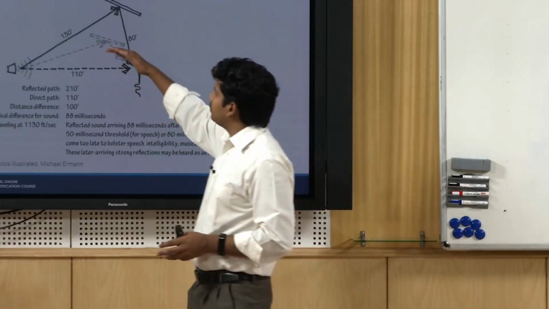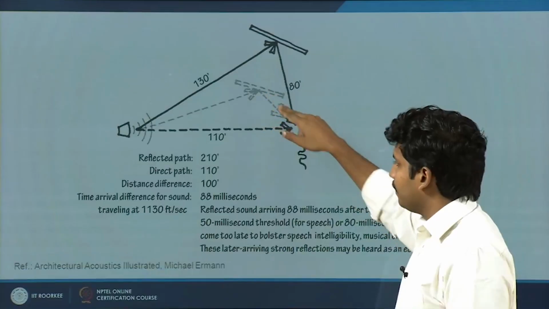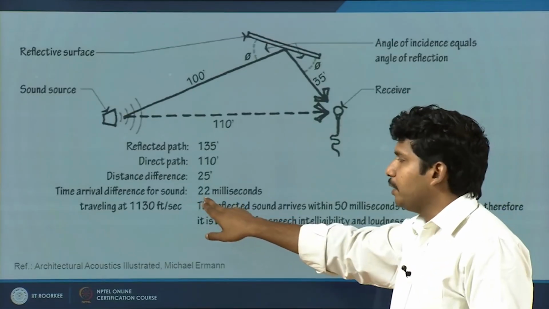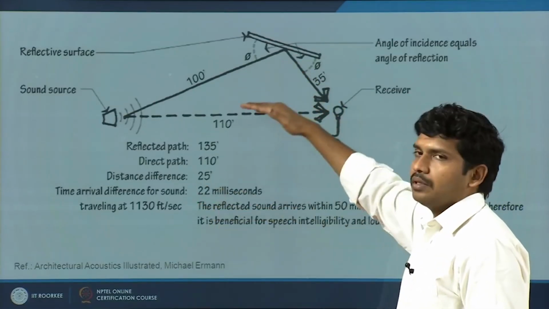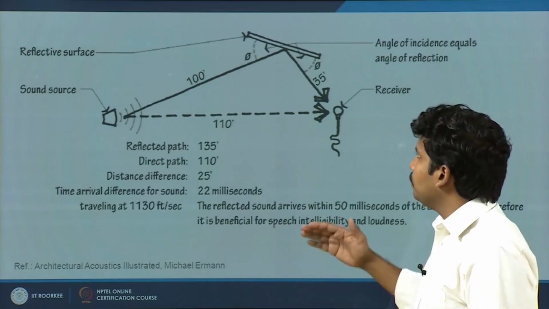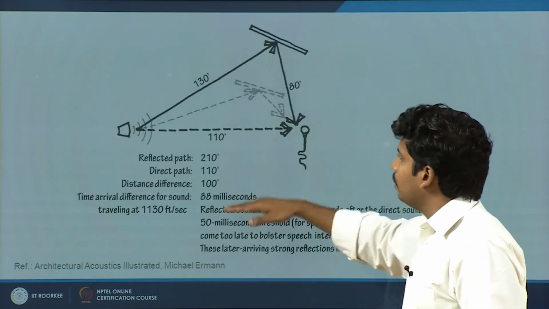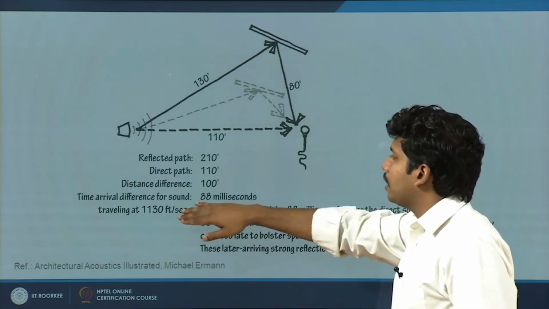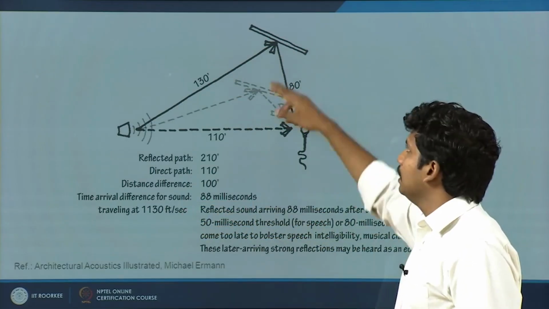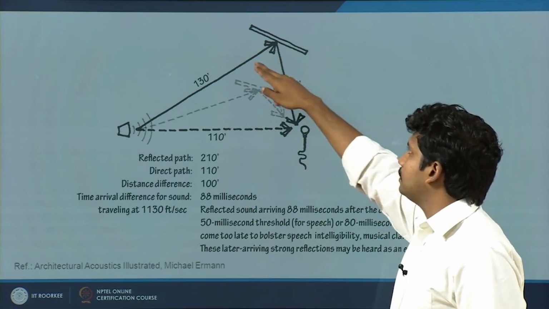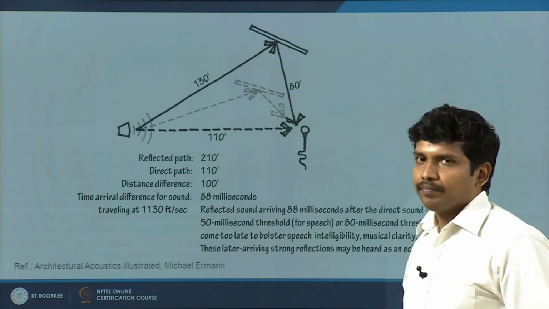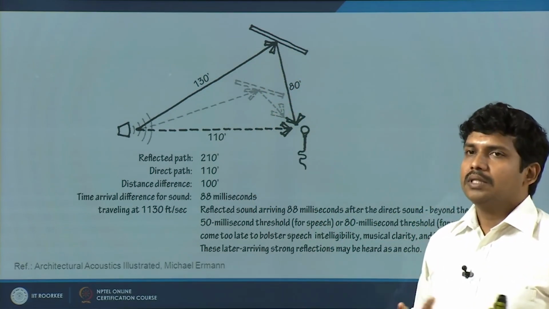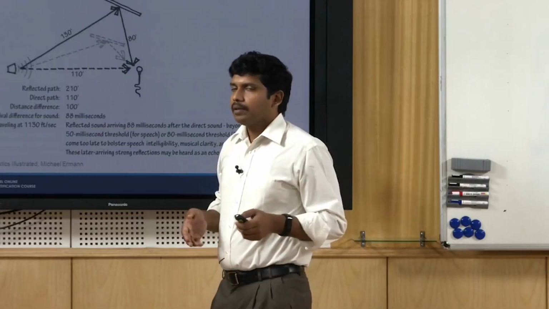So actually we have to contain this. Initially we had arrival in 22 milliseconds, which is good, but if you want to slightly increase it, you try the second alternative, taking it up, where you get 88 milliseconds. There is some place between the two where the optimum would be, where you can cut it to just 50 milliseconds or lower if you are interested.